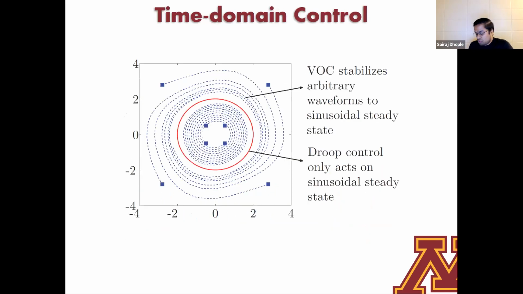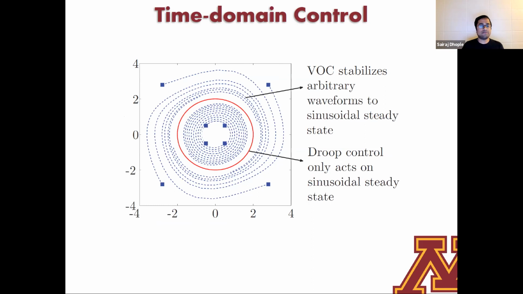Right. So the one thing I want to mention is how does this all relate to droop control? And the idea here is that what I've shown you is something that exists outside of just sinusoidal steady state operation. If you think about this in a slightly more abstract fashion, you will quickly realize that droop control is only acting on the sinusoidal steady state. Its operation outside of the sinusoidal steady state is not even defined.